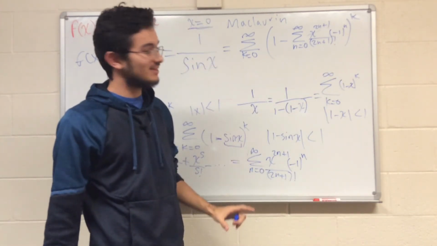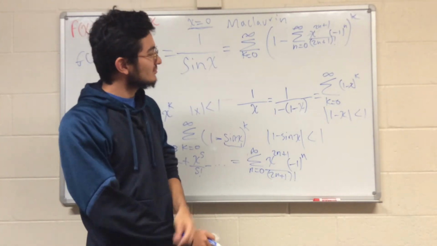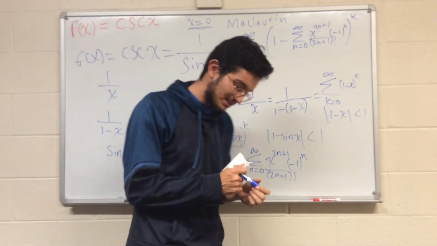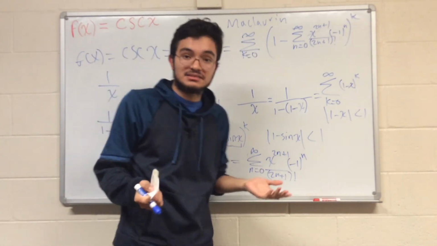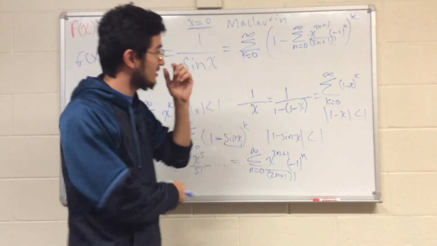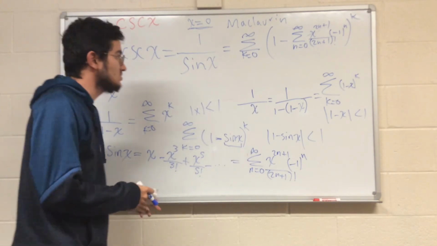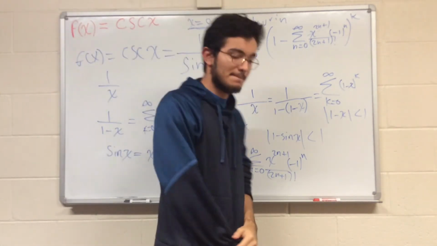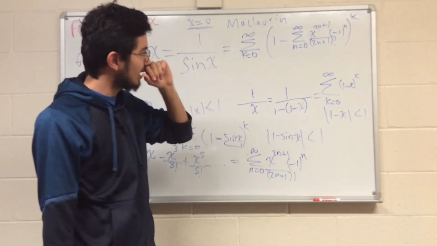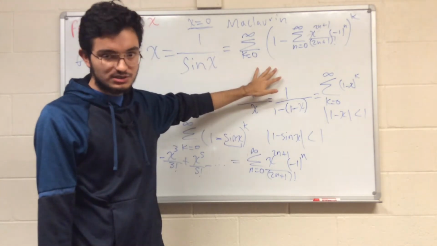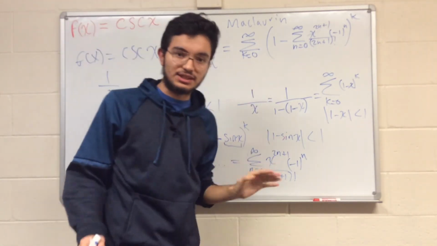It's just too much. So I came to the conclusion that this is at least a good attempt in trying to find a series for this. But here is the issue: this only accounts for all positive values of cosecant.